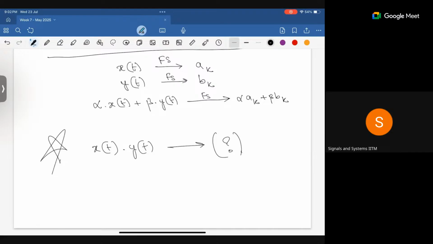Some interesting discussion is happening in the chat. Do we need to learn the proof? You don't need to learn the proofs, but as Nanda mentioned, it will give you a better understanding.